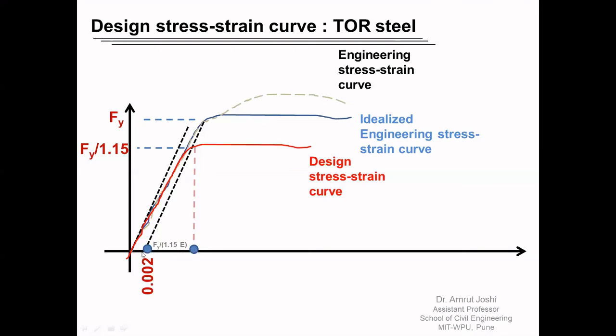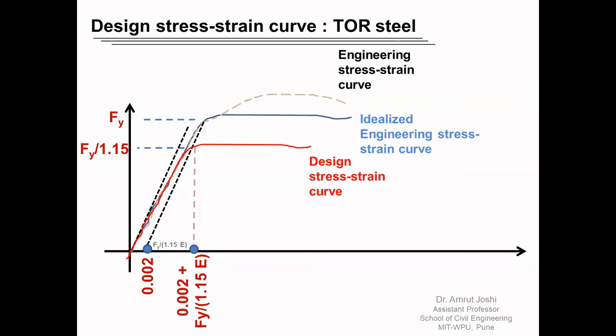So the distance between the two blue dots will be Fy upon 1.15 E, because the slope of this line is E. So what is the value of strain corresponding to the design yield stress? The value of design yield strain therefore will be 0.002 plus Fy upon 1.15 times E.